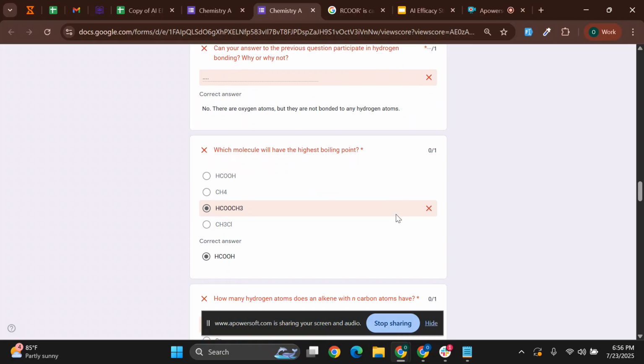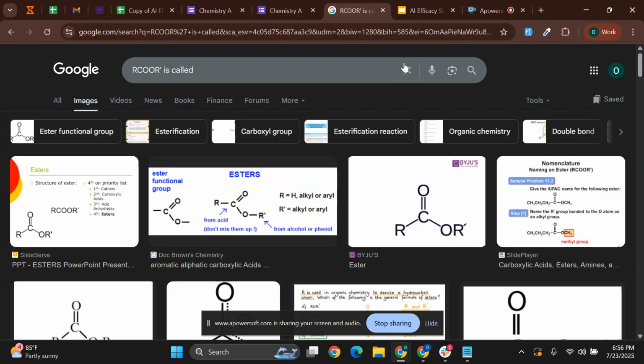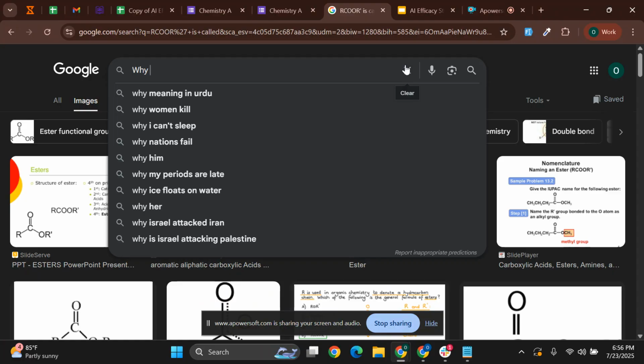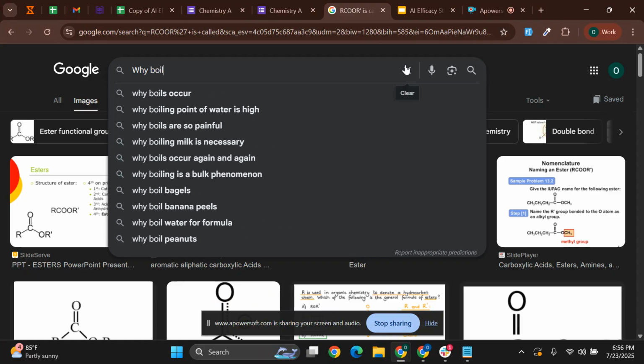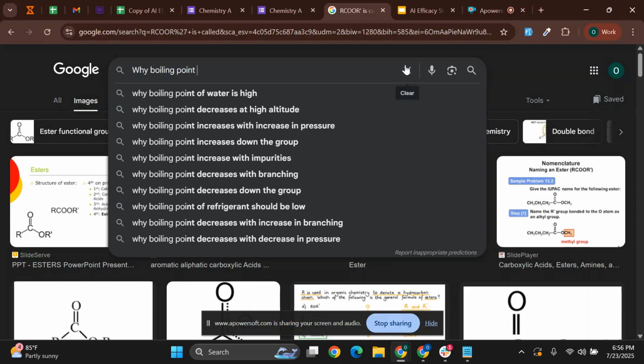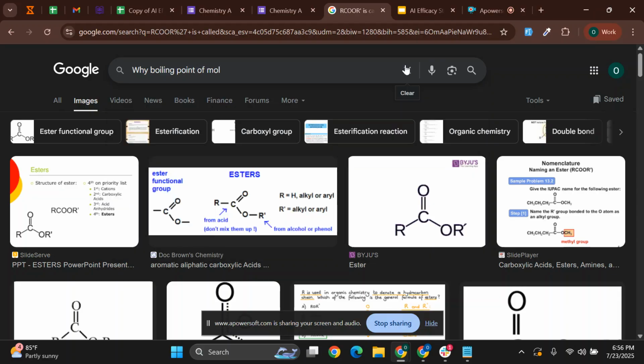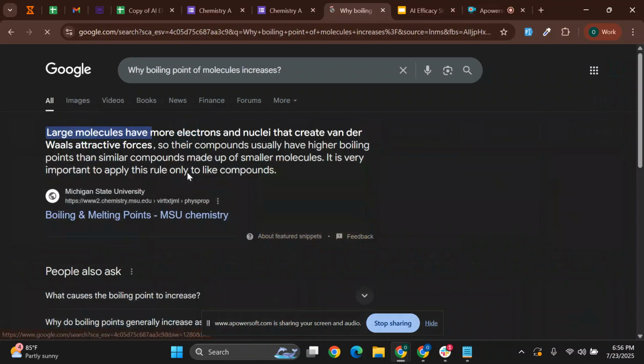Which molecule will have highest boiling point? Why boiling point of molecules increases? So let's check with this.